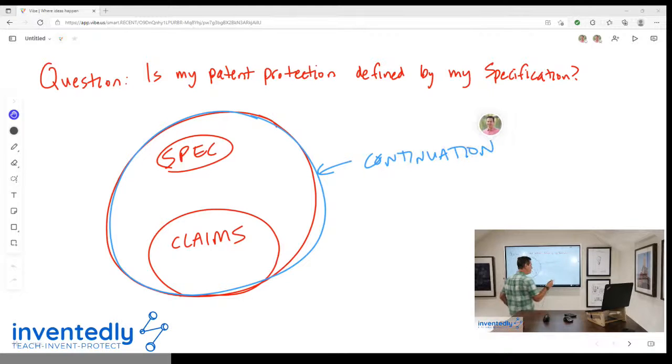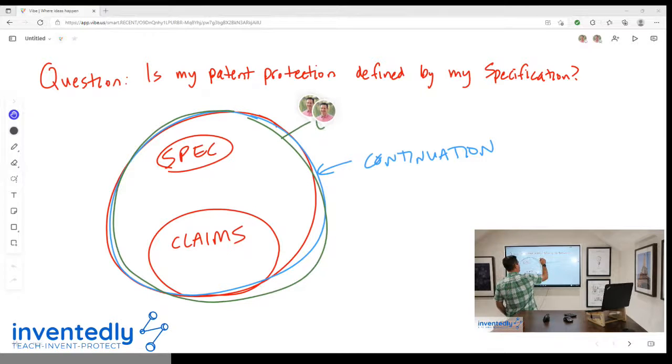Because if we think of this in terms of physical property, I think it really helps us understand what's going on here. The specification is essentially all of our land. If you go out and buy a property, the land represents your entire specification.